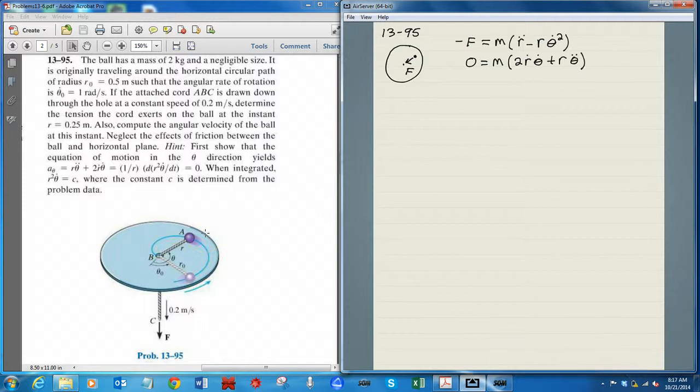Okay, so because this is a non-instantaneous problem, you should be expecting that you're going to have to solve a differential equation. And that's why the book gives you the hint of what to use.